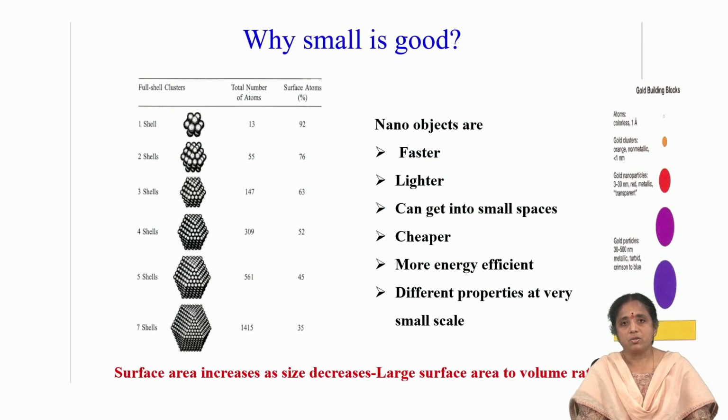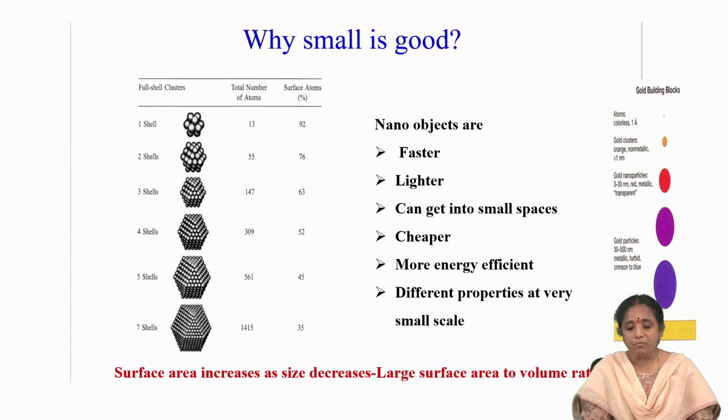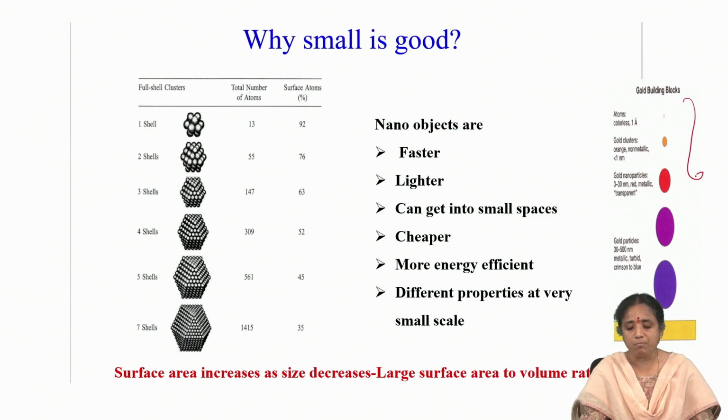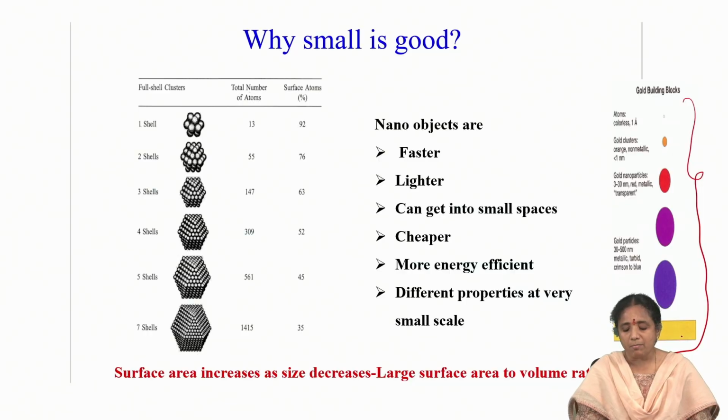Now coming to the next one: why does nanotechnology have so much importance? What is the basic reason? Why do macroscopic and microscopic not have that much importance, but small is becoming so good to us? Before I go into that, let us understand this with a simple example. We are all aware of gold. Gold is a yellow metal.